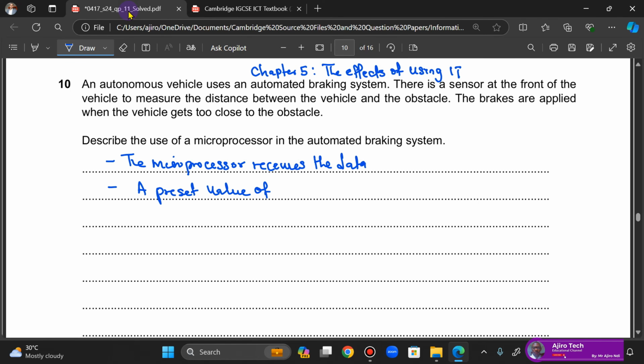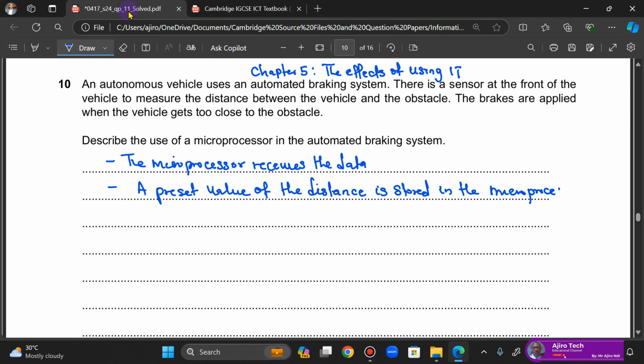Remember, they say to measure the distance between the vehicle and obstacle. So the preset value of the distance is stored in the microprocessor.